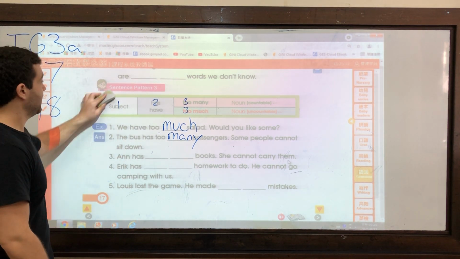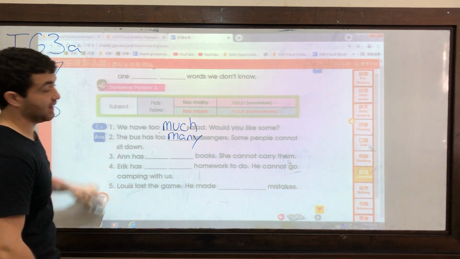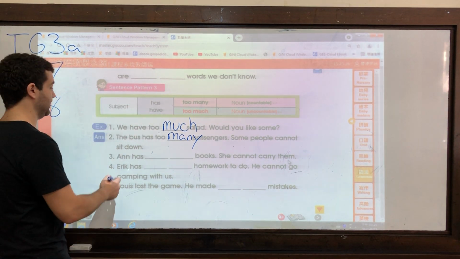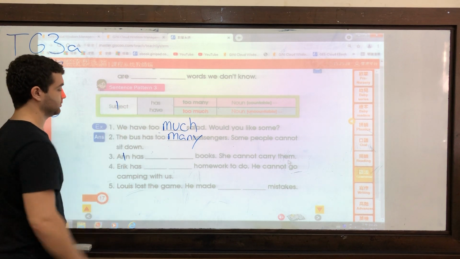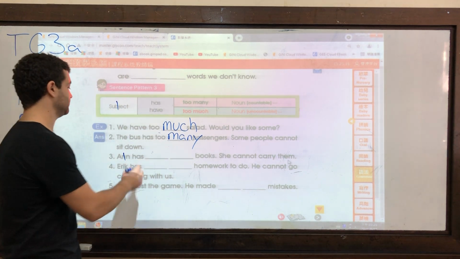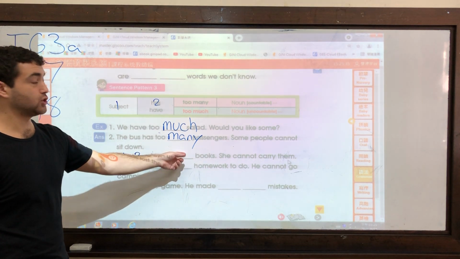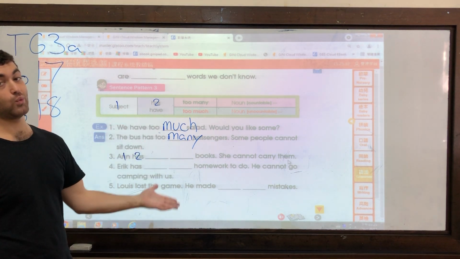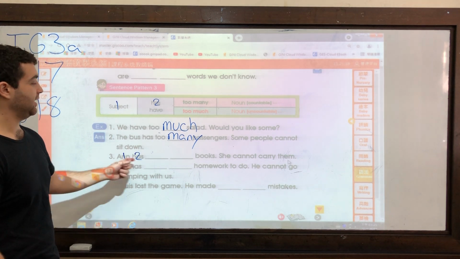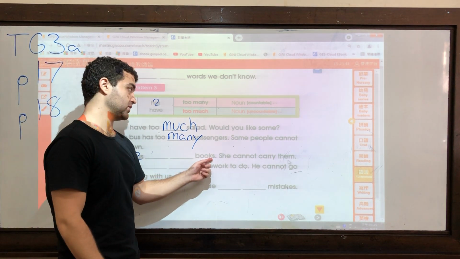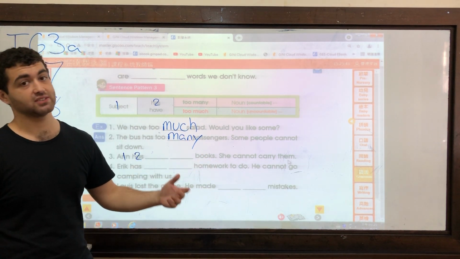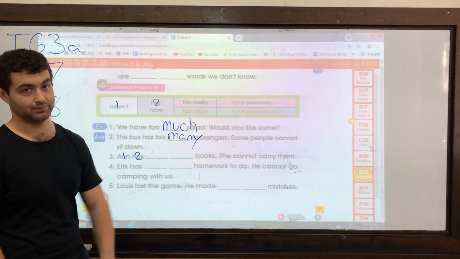Number 3, and is a noun and our subject. Has too many or too much? We don't know yet. And has books. So is books countable or uncountable?